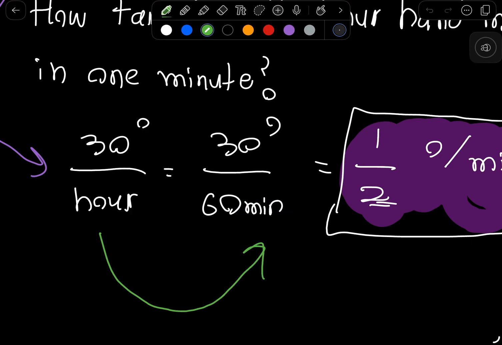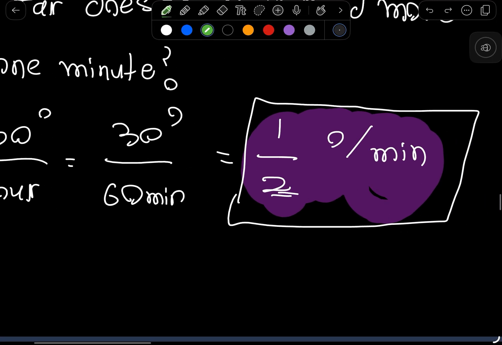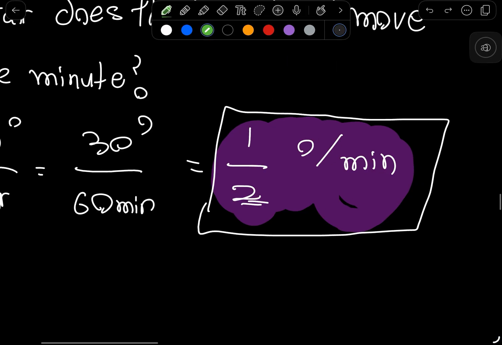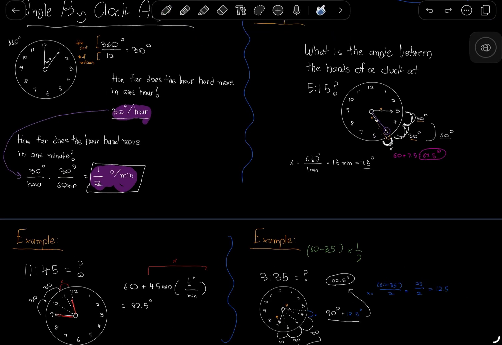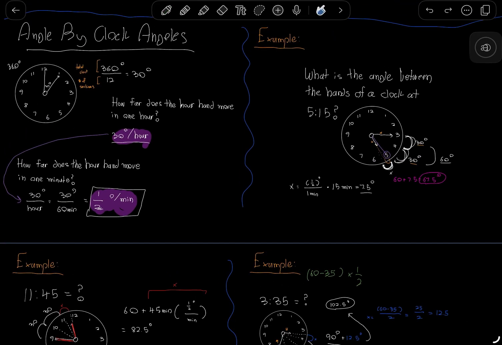So the hour hand moves 30 degrees in 60 minutes. If you simplify this, it will move half a degree every minute, because 30 over 60 is 0.5 or one half. Those are useful numbers to remember for the problems that we're going to dive into right now.